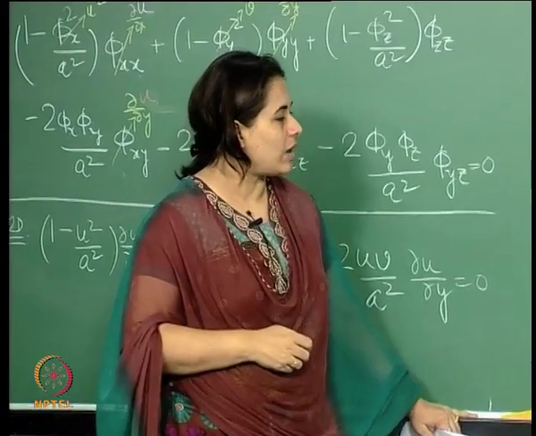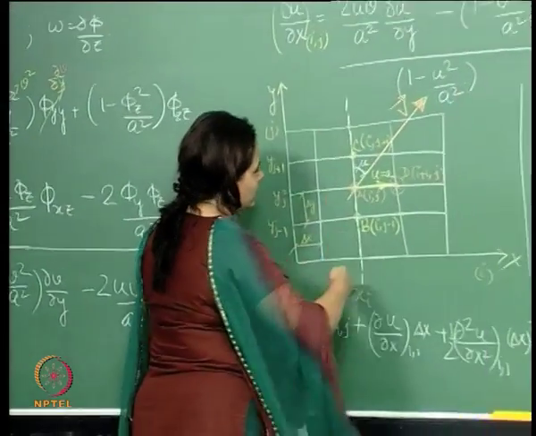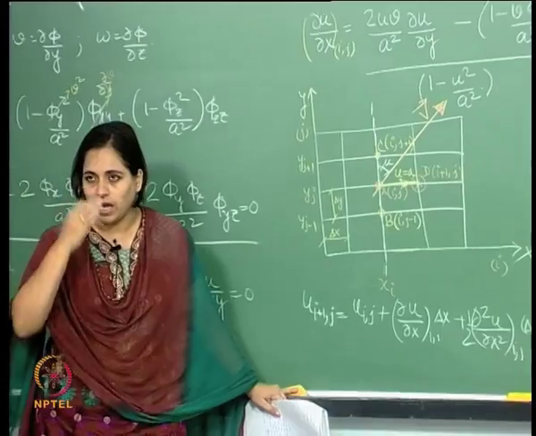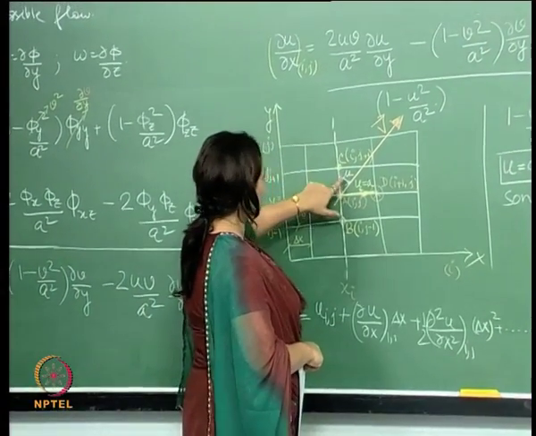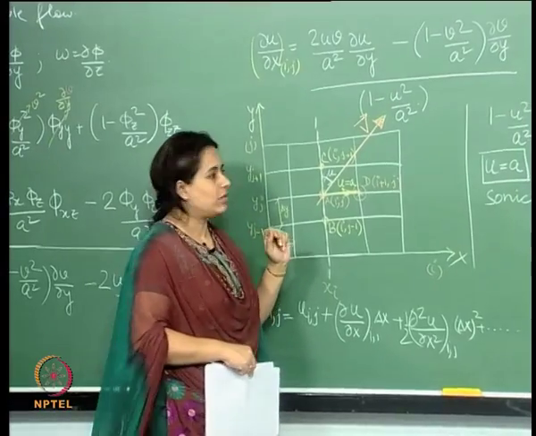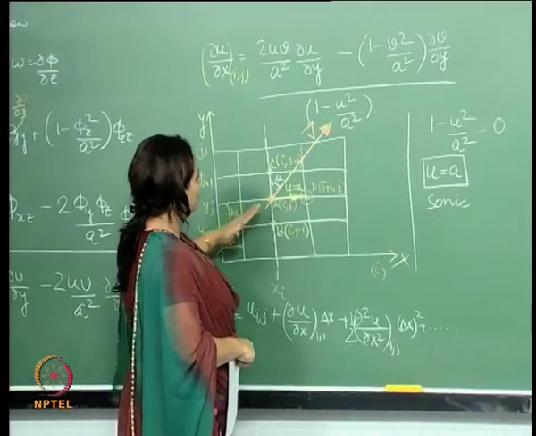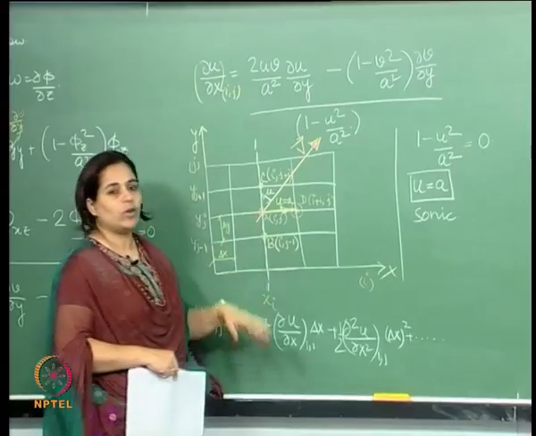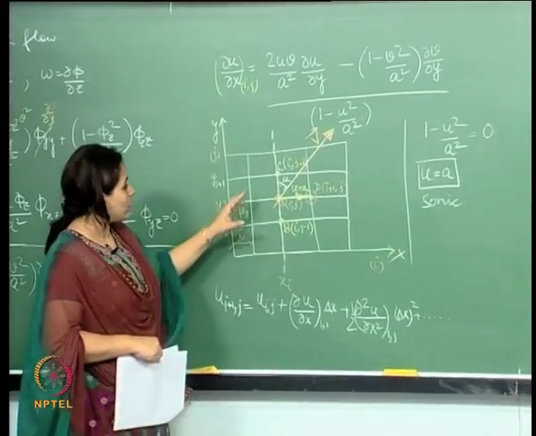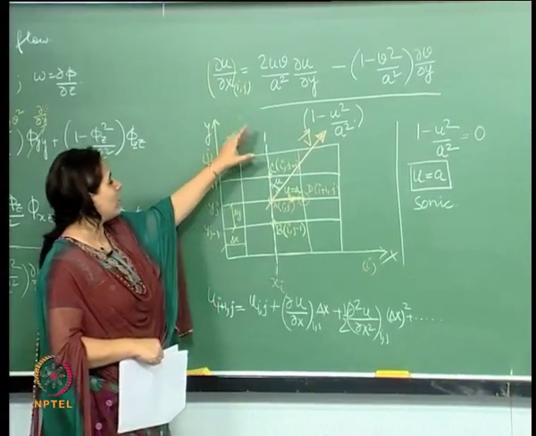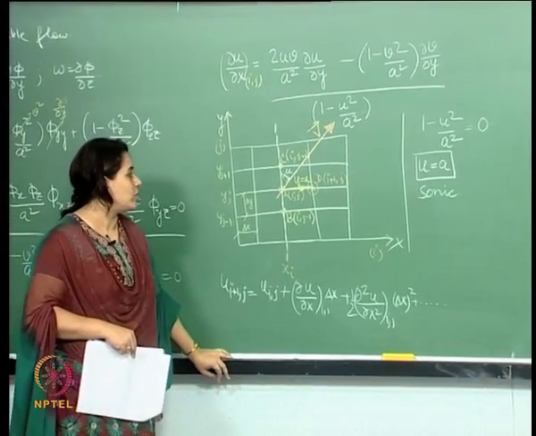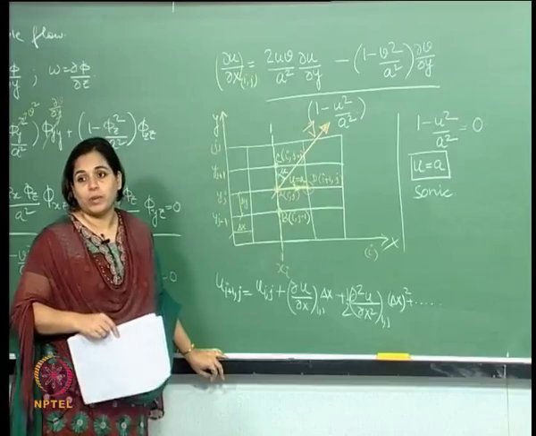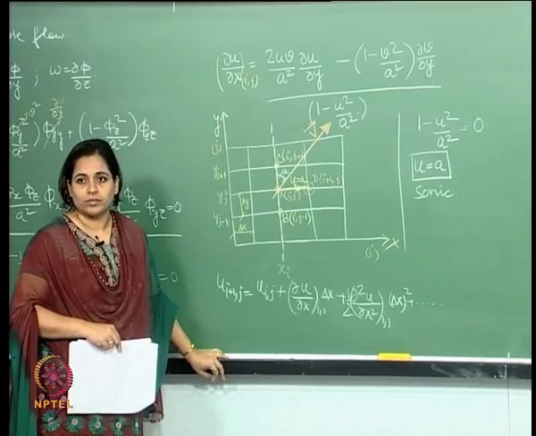So now, if you recall this, you have a line here which makes a certain angle, which is mu, with the flow direction, across which the derivatives of the flow may be discontinuous and indeterminate.